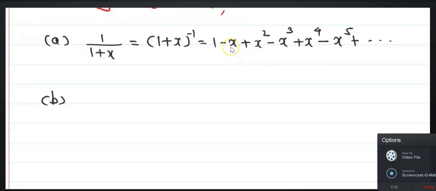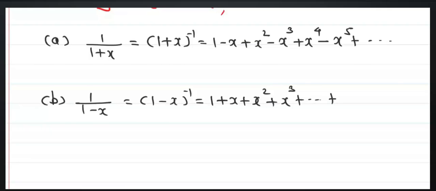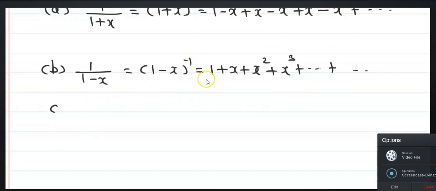Whenever there is an odd power, it has the negative sign. Whenever there is an even power, it has the positive sign. This is 1 upon 1 plus x. Now next we will see 1 upon 1 minus x. That is equal to (1 minus x) raised to minus 1, and in this case all terms will be positive, 1 plus x plus x square plus x cube and so on.